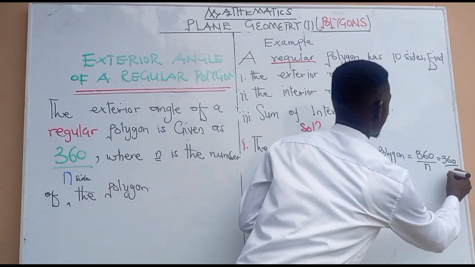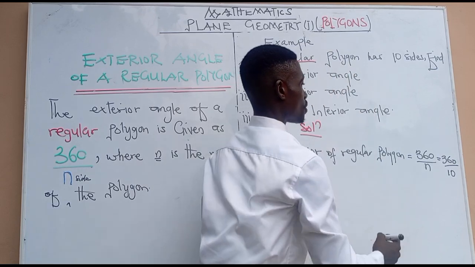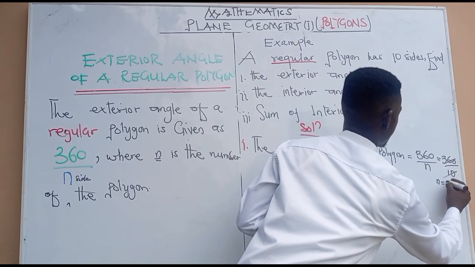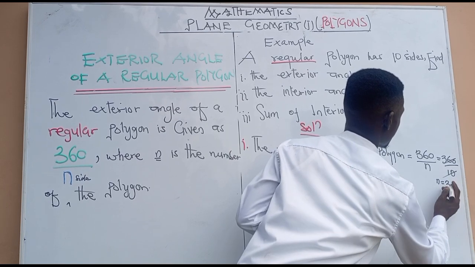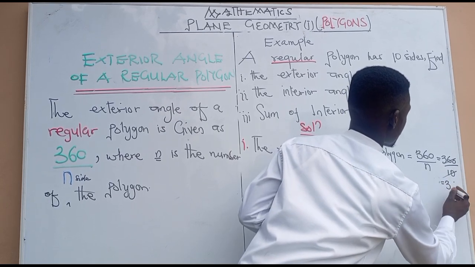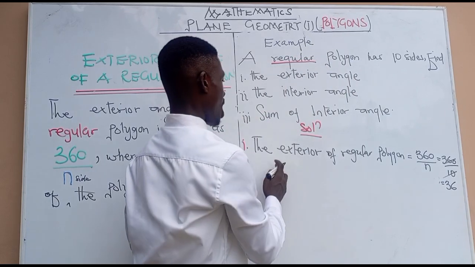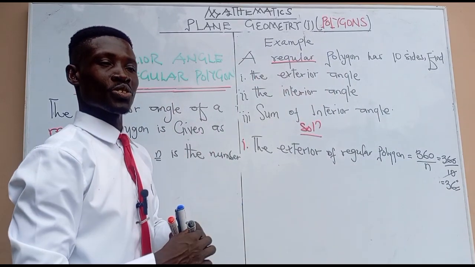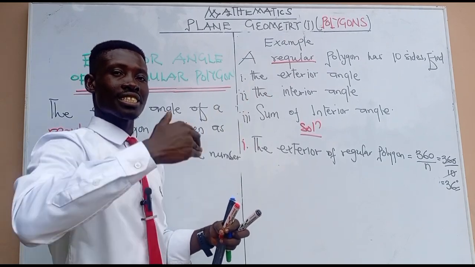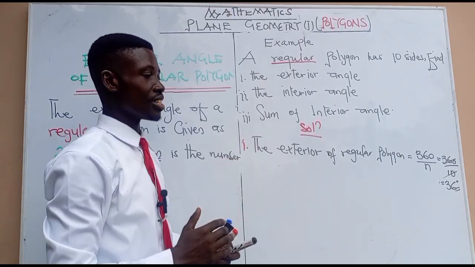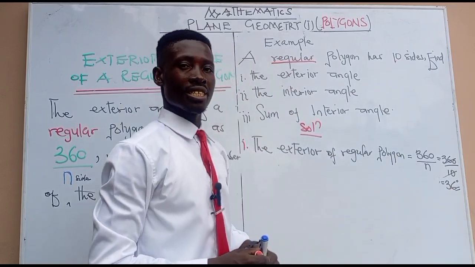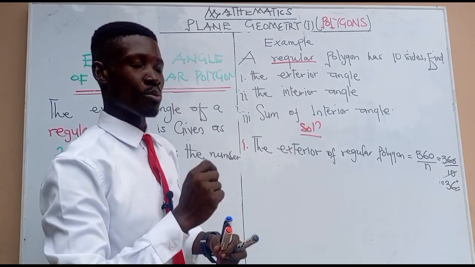So we divide by 10. 360 divided by 10 is 36. So you can see that our exterior angle is equal to 36 degrees. So all the exterior angles are 36, 36, 36, 36, 36. So the exterior angle for the 10-sided regular polygon is 36 degrees.